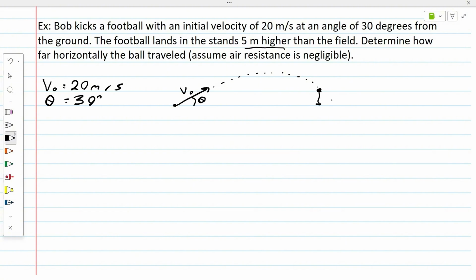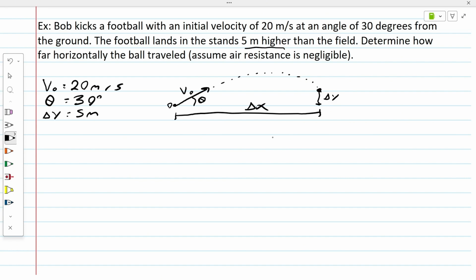So this is going to be from the starting position at ground level 0 to 5 is this change in y. So this change in y is going to be equal to 5 meters. Alright, so we have these little bits of information. We need to figure out the change in x, how far it traveled horizontally. So this distance right here will be the change in x.